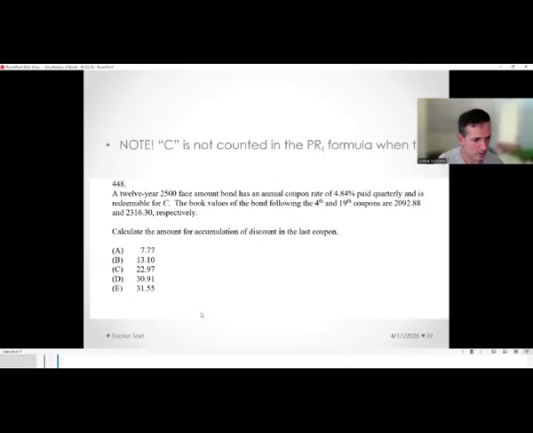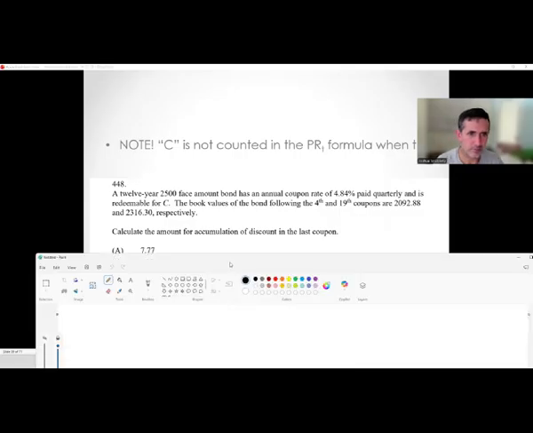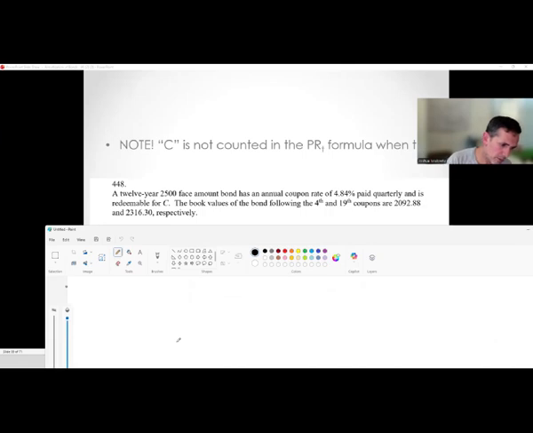Okay, so what am I getting? First of all, let's get coupons. Why not? My coupons are going to be 2,500 times 0.0484. Again, this is like R over 4 as a nominal quarterly rate. Got to divide by 4 to get my actual coupon rate.